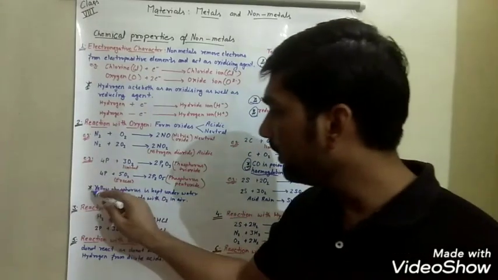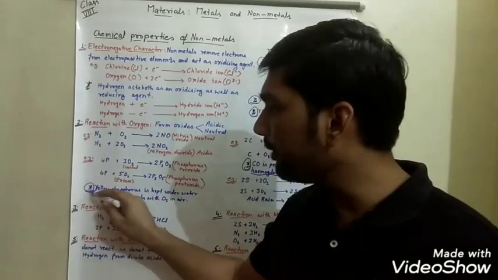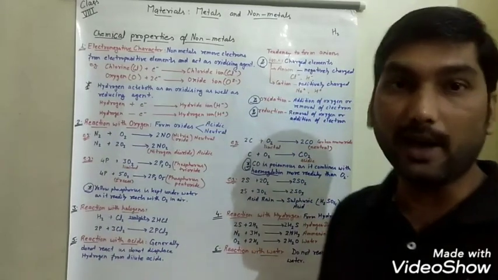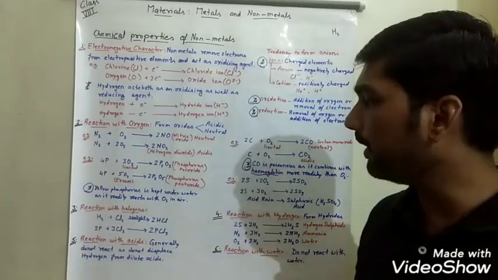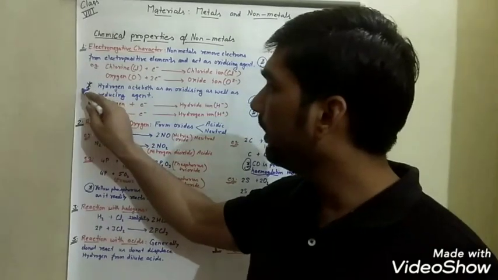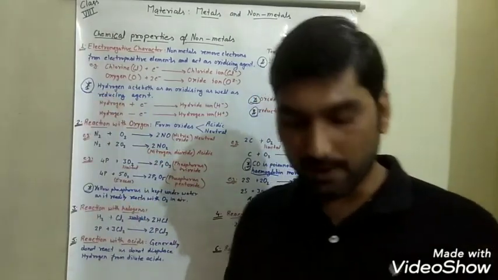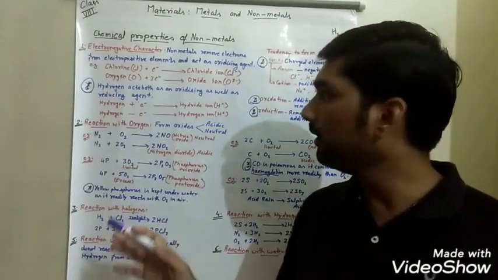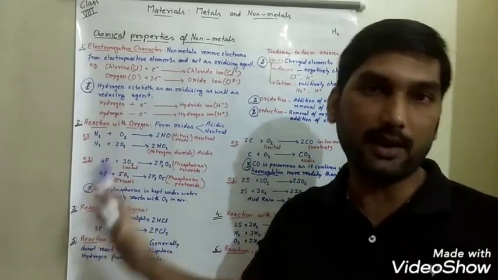And yellow phosphorus is kept underwater because it is highly reactive with the oxygen present in air. And hydrogen, this non-metal, acts as an oxidizing as well as a reducing agent.